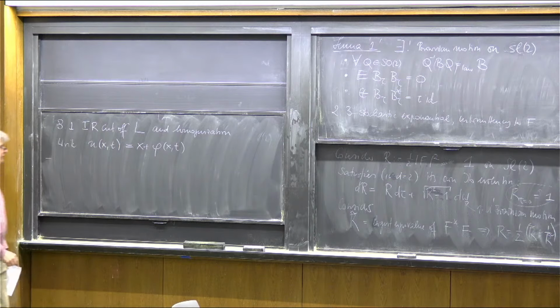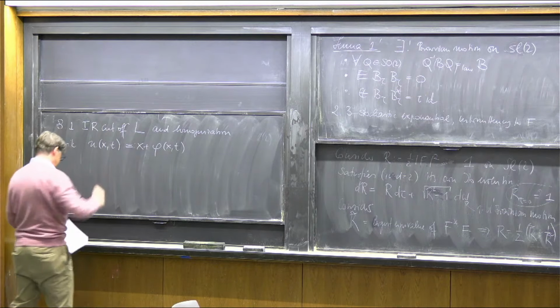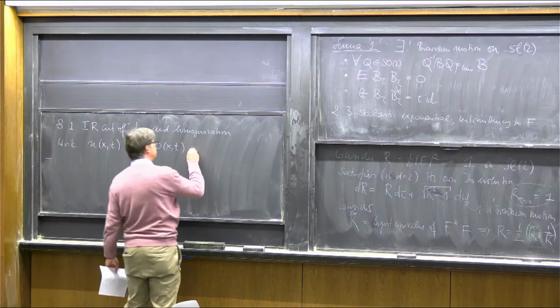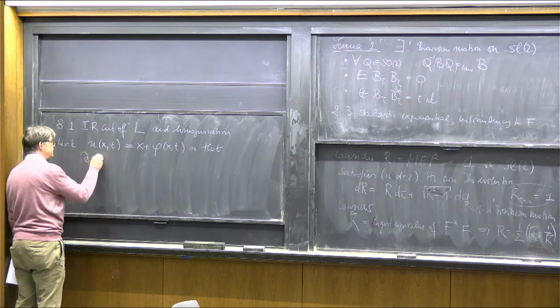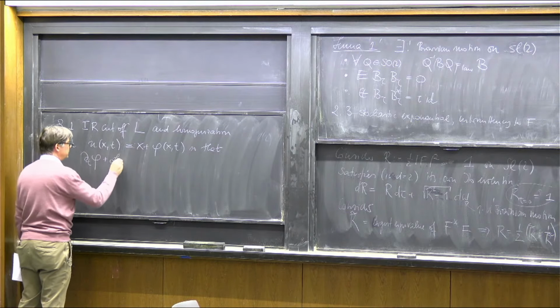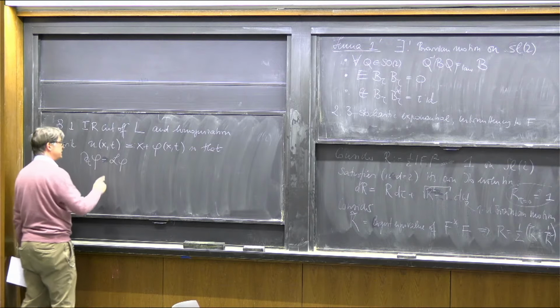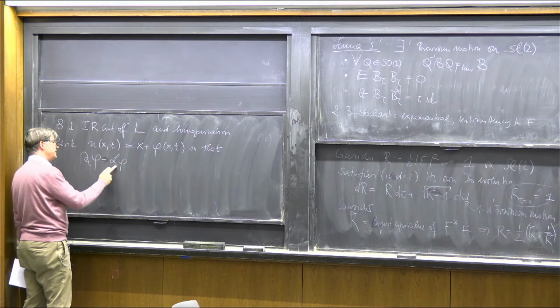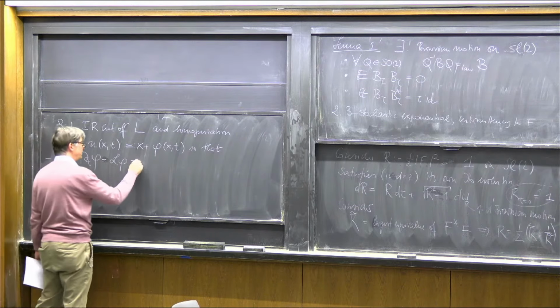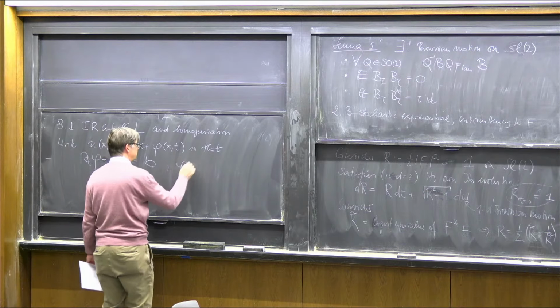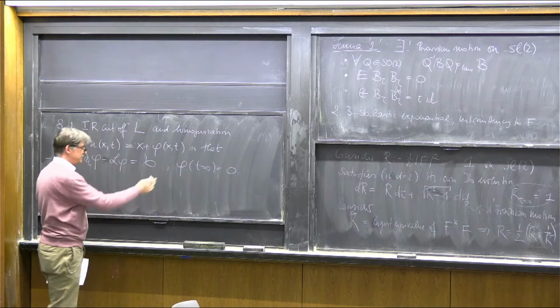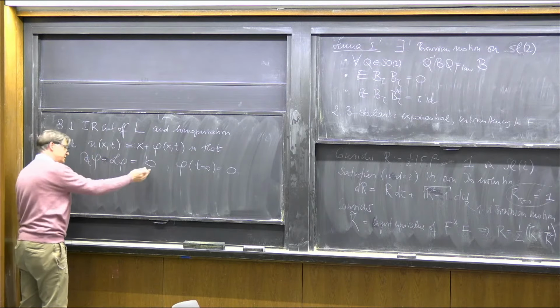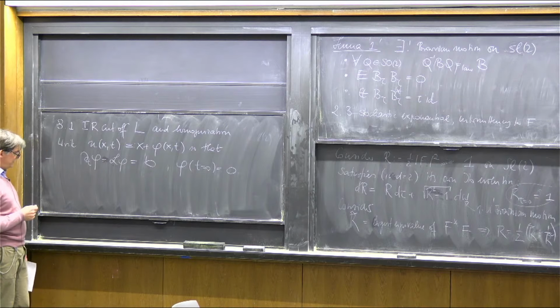So let's introduce the phi by this identity, and then an easy calculation shows that... I'm always getting confused with the sign here because I'm using the negative convention for the generator. Then the advantage of this is you have vanishing initial data, but the price to pay is that you have a right-hand side.